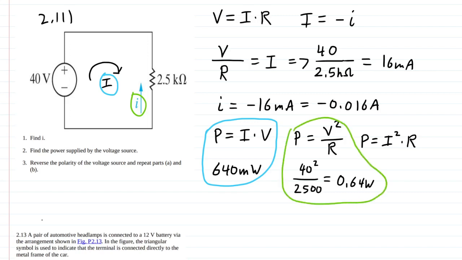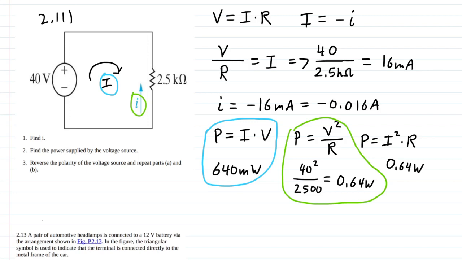And the last one, we have P equals I squared R. So 16 milliamps squared times 2500 equals 0.64. We end up with the same answer for all three of these, so they're all equally valid. You just generally will use the one that is easier or presents less challenge.